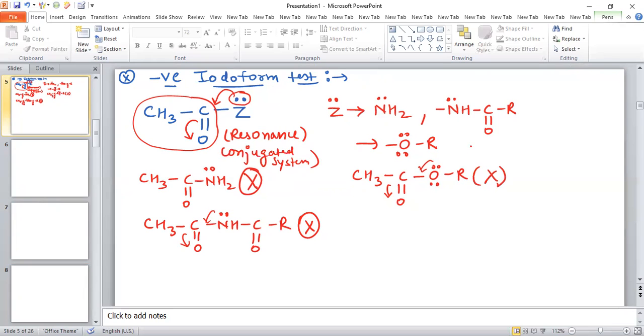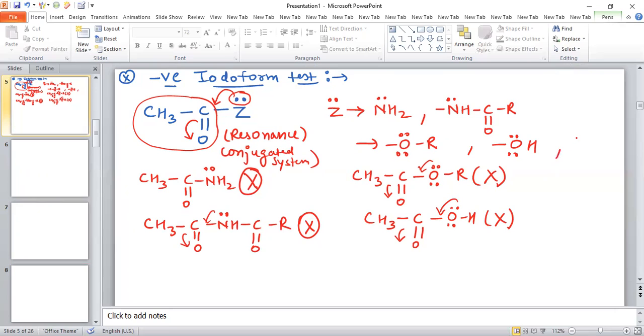And also if this Z is an OH group, the compound will be like CH3 C double bond O and OH. So on this oxygen there is a lone pair, again a part of resonance, so this will also give a negative iodoform test. So these are the compounds which give a negative iodoform test.